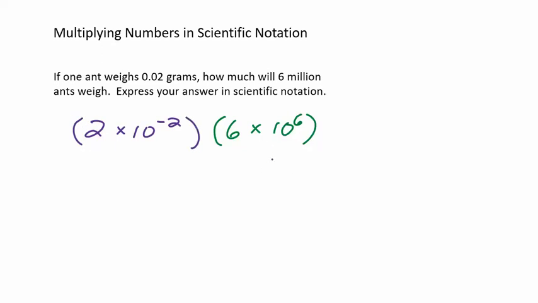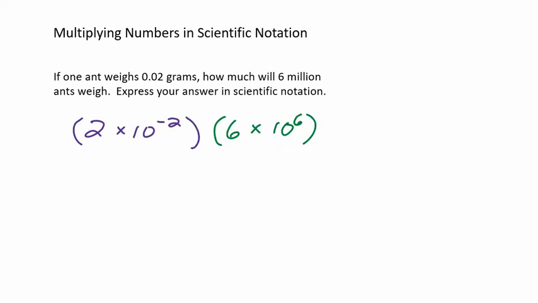Now, notice this looks like two different numbers, and it is two different numbers. But notice what we really have here when we're in scientific notation are 4 numbers: 2, 10 to the negative 2, 6, and 10 to the 6th, and these 4 numbers are multiplied together.